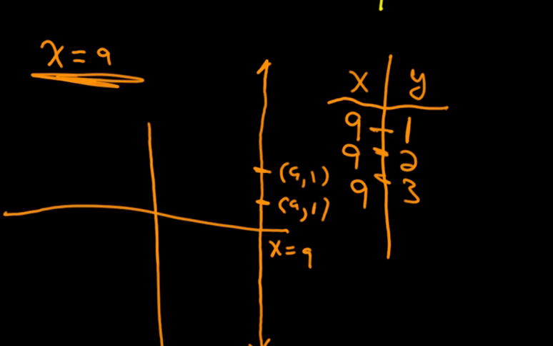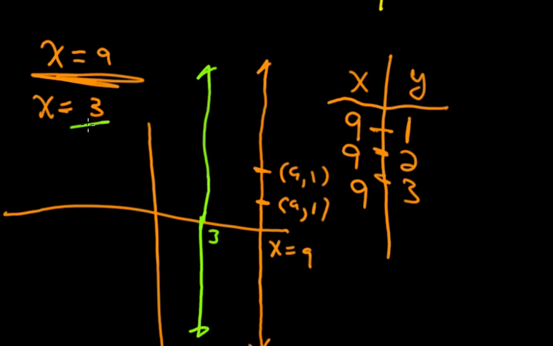So when we see x equals some constant, x equals 3, we get a vertical line, and every value along that line is 3. So these x equals lines are vertical lines. We can still see those with our xy tables.